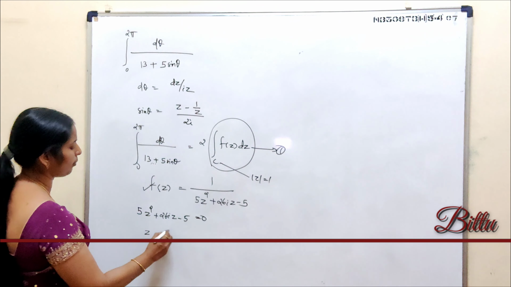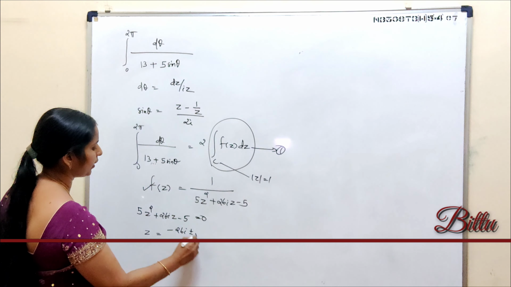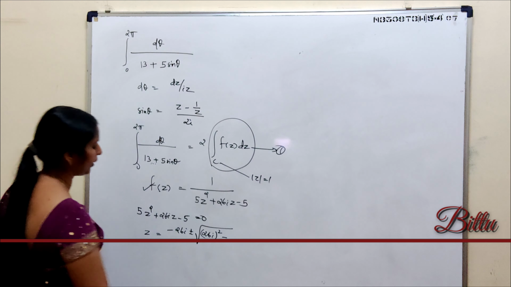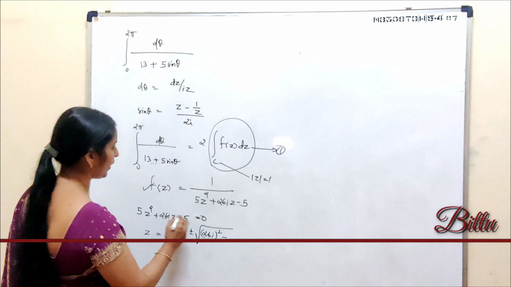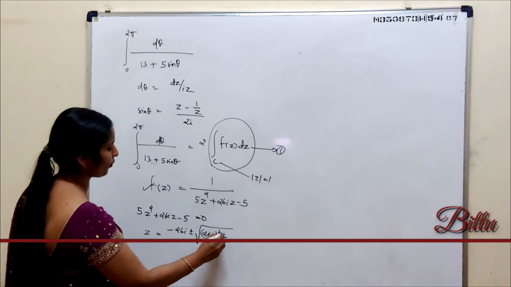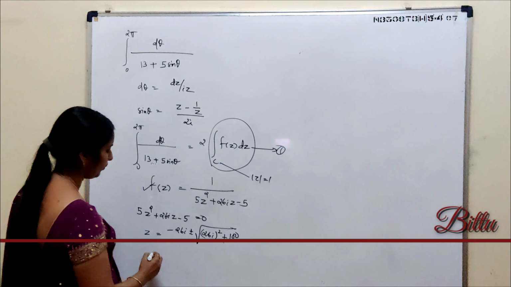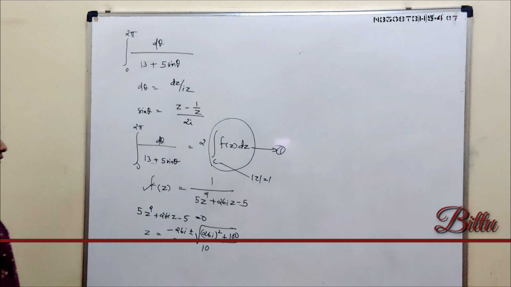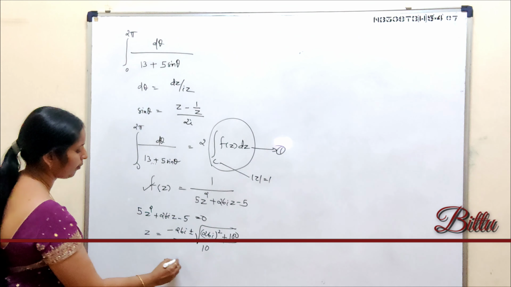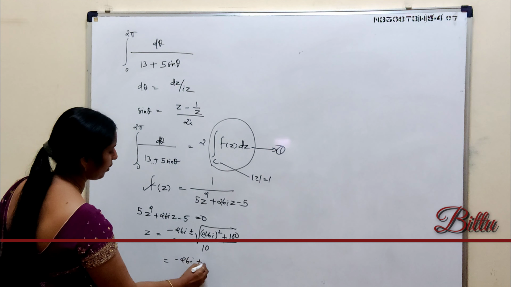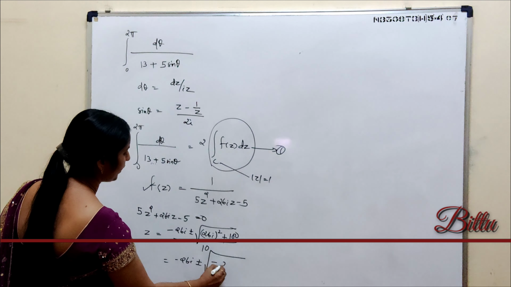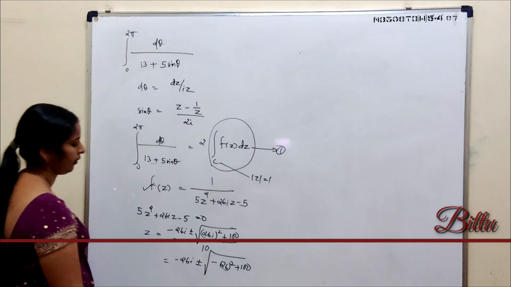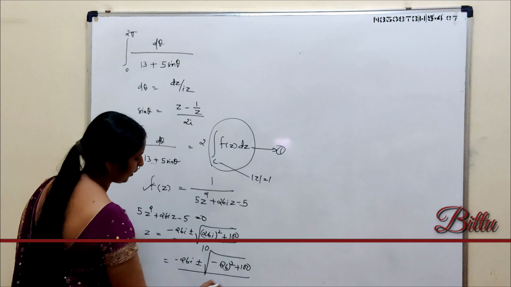You find the singularities. You can see it is a second degree equation. So its solutions are minus b plus or minus root b square minus 4ac by 2a. b is 26i. 4ac will be 4 into 5 into minus 5, it is 100, by 2a, that is 10. That is minus 26i plus or minus root of minus 26 the whole square plus 100, by 10.